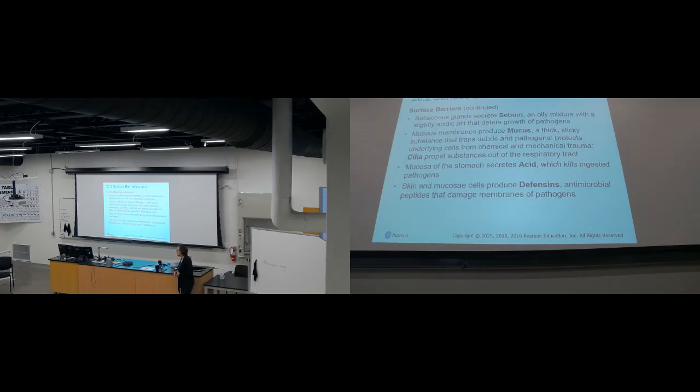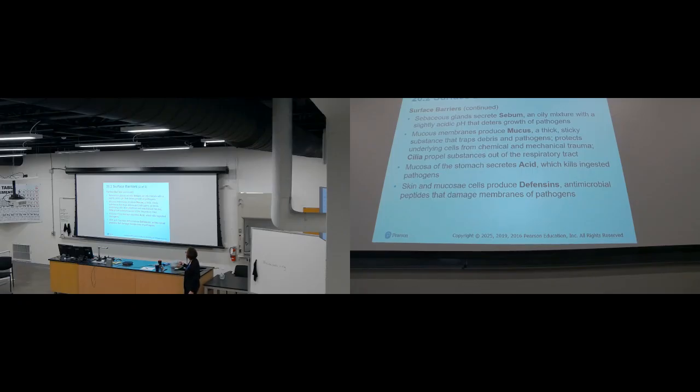And then in these barriers, we have chemicals that are released that help with protection. So that was a physical barrier, but we also have a chemical barrier. We have oily secretions like sebum that, with fatty acids, make an acidic pH. That will decrease the growth of microorganisms.